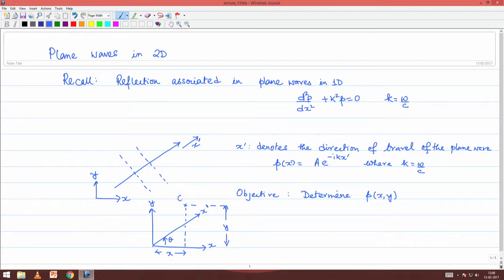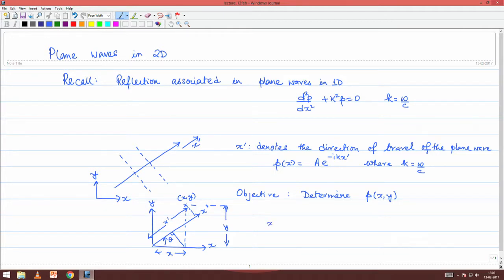So, the coordinates of this point being x comma y, the x and y distances are as labeled in this diagram. So, if you drop a perpendicular in this fashion, this is the x prime distance.